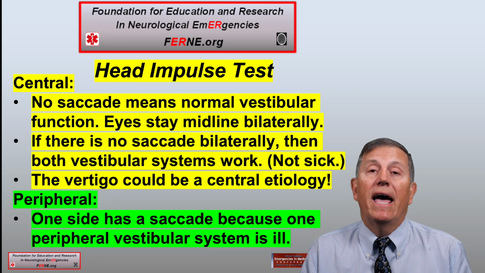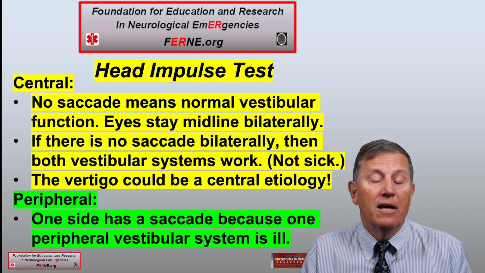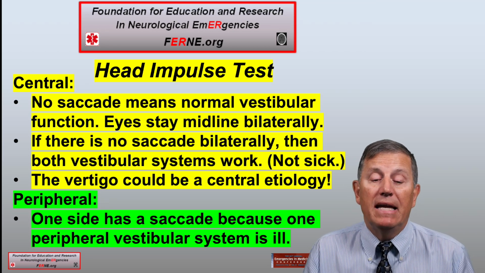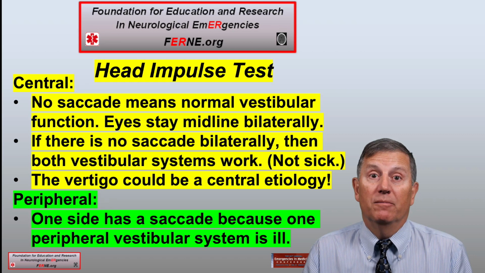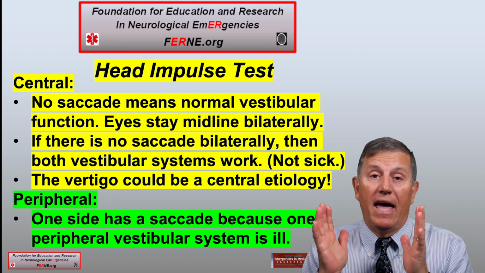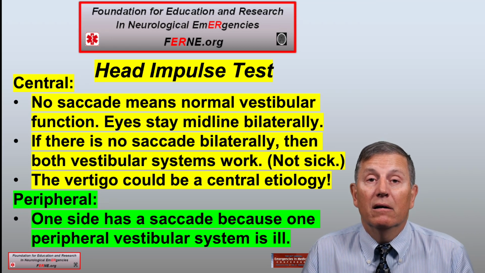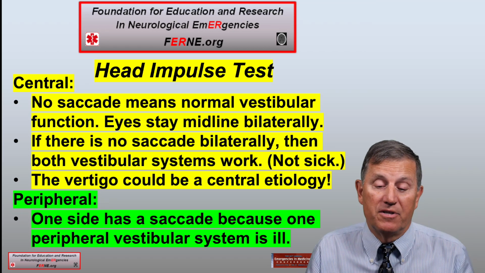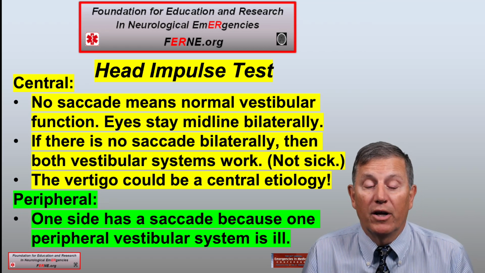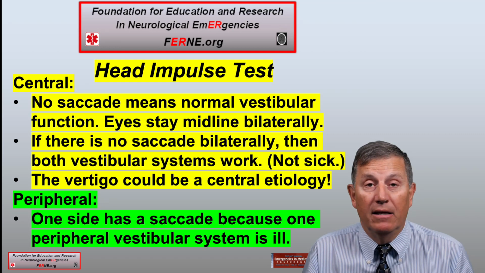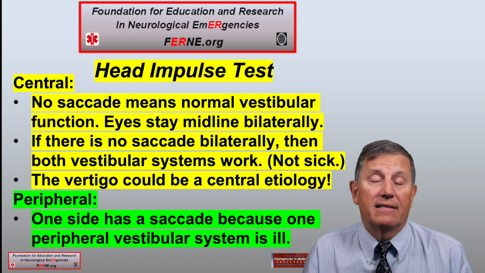So we conclude the head impulse test. Again, centrally, no saccade in either side or either direction of head movement means there is normal vestibular function bilaterally. If the eyes stay midline when you move the head back quickly, if there's no correcting saccade, that means the vestibular systems are working correctly and a peripheral etiology cannot be determined, and then you must think central.